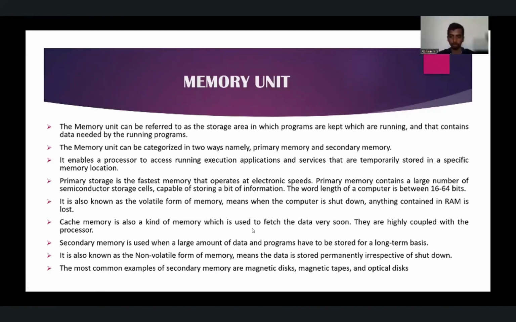The word length of a computer is a maximum of 64 bits, or 16 to 64 bits. It is also known as the volatile form of memory, meaning when the computer is shut down, anything contained in the RAM is lost.